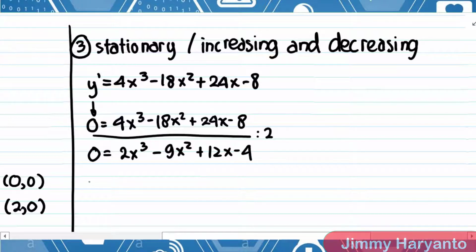As usual, you have to guess and check to find the first root.